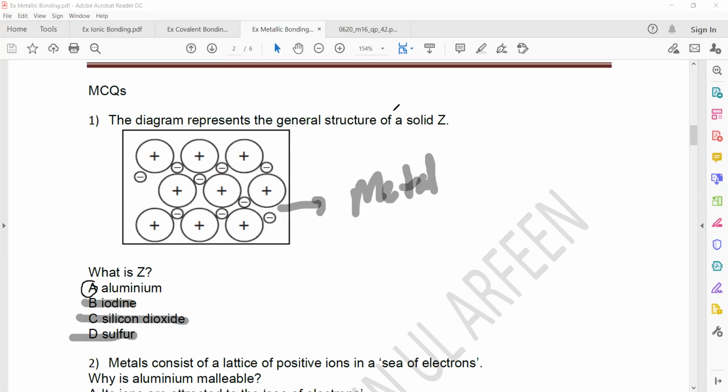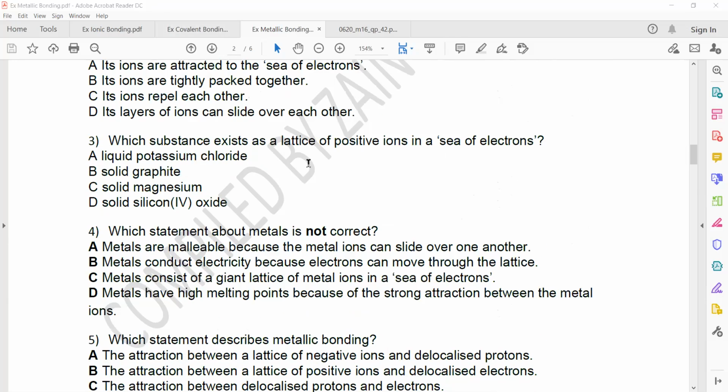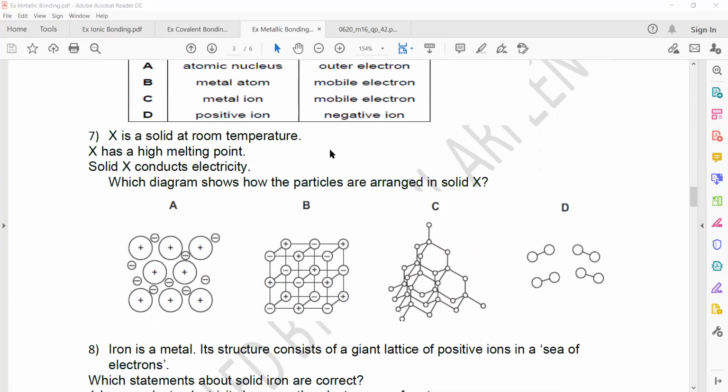Page 3, question 7. X is solid at room temperature. So substance is solid at room temperature. X is having a high melting point. Solid X conduct electricity. Which diagram show?